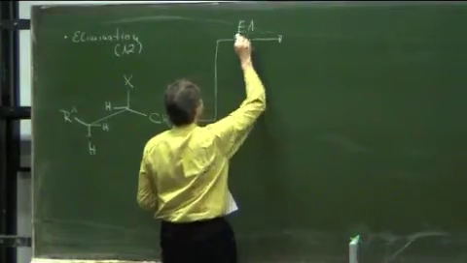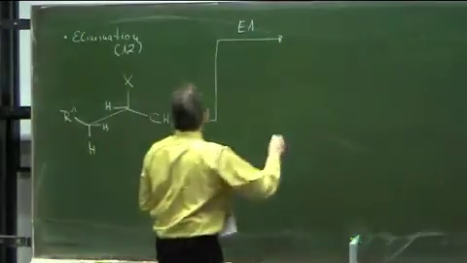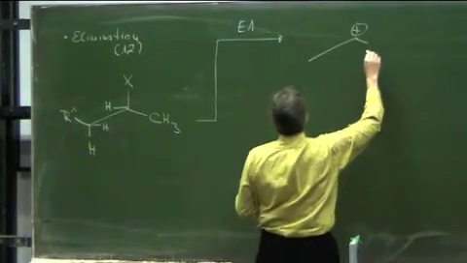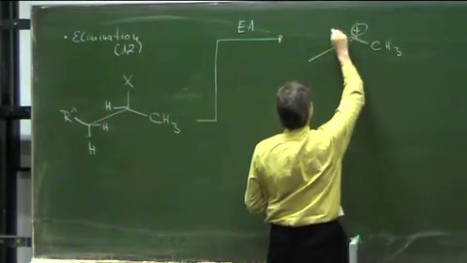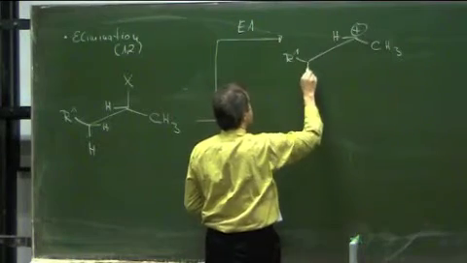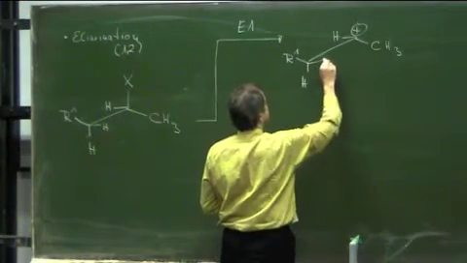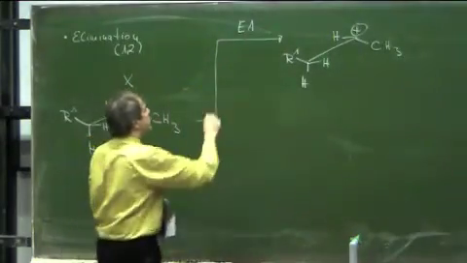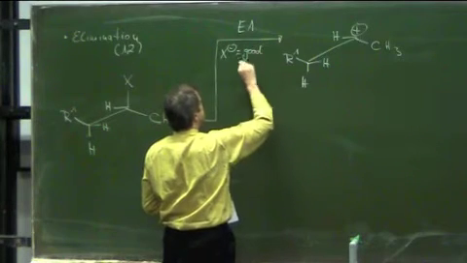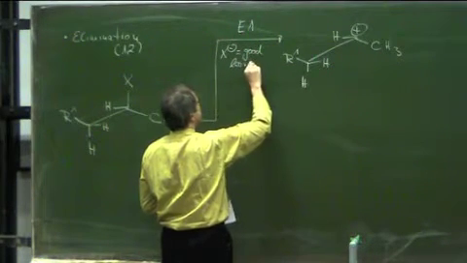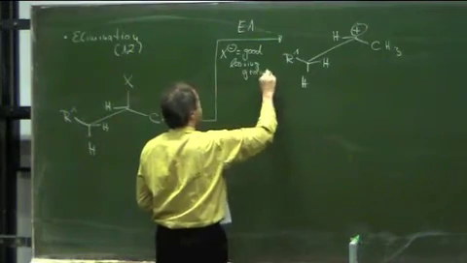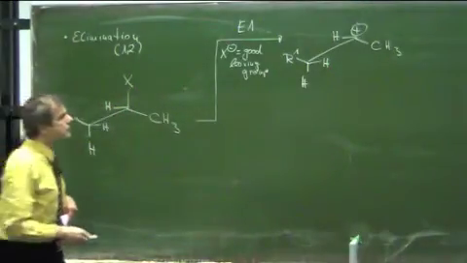We looked at the E1 reaction mechanism, in which in the first step the carbocation is forming. And this requires that X has to be a good leaving group, so that this can occur.